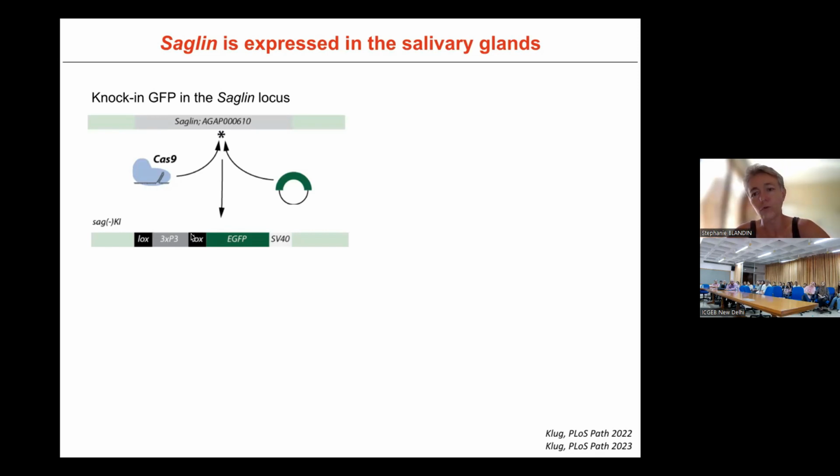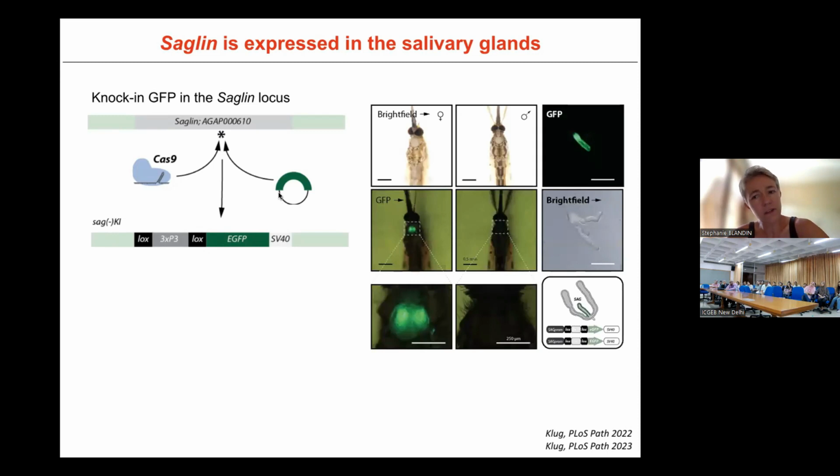This is just for us to know which mosquitoes are transgenic or not. And if you lox out this 3xP3 promoter, then the GFP is expressed under the control of the saglin promoter. If we do that, what we observe is something that was already known: saglin is expressed only in the female mosquitoes, not in the male mosquitoes as shown here, and only in the salivary glands.